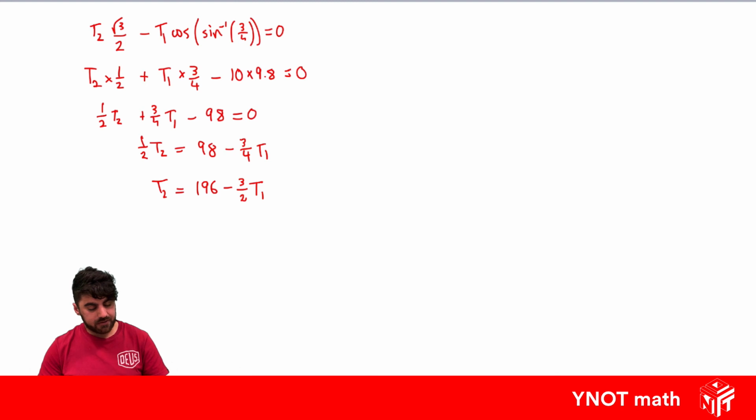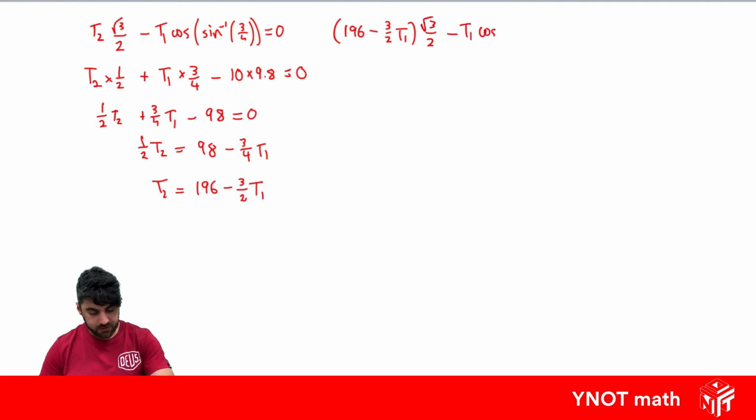Now we're just going to go ahead and sub that into our first equation. We know T2 is equal to all this, so we're going to get 196 minus 3 on 2 T1. So we're subbing this in for T2 into this equation here. That's all going to be multiplied by root 3 on 2 minus T1 cos of the inverse sine of 3 on 4 all equals 0.